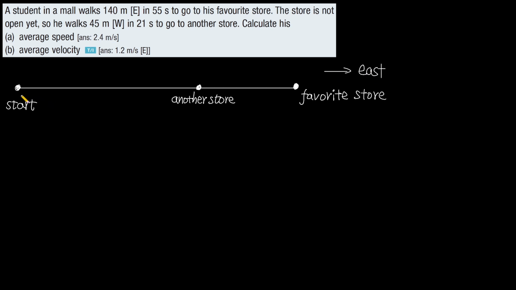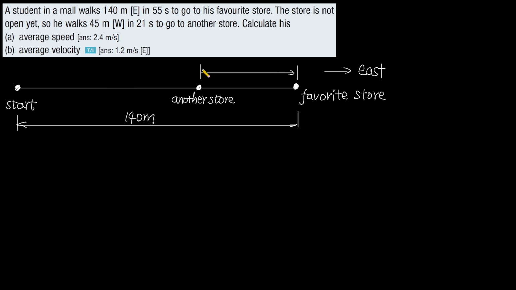So he walks from the start point to his favorite store, and then he walks from his favorite store to another store. And the distance from the start point to his favorite store is 140 meters. And the distance from his favorite store to another store is 45 meters.